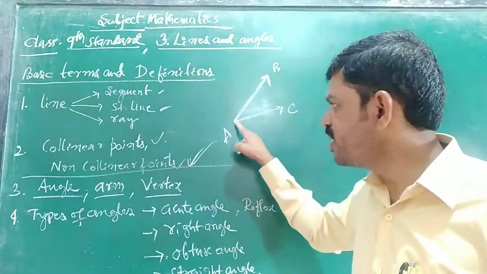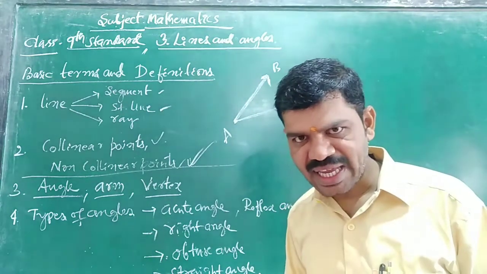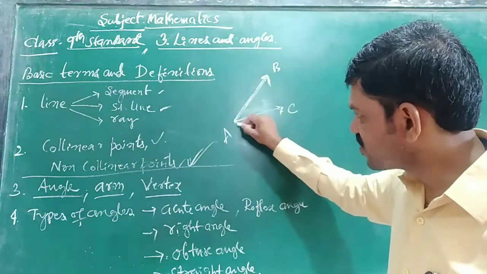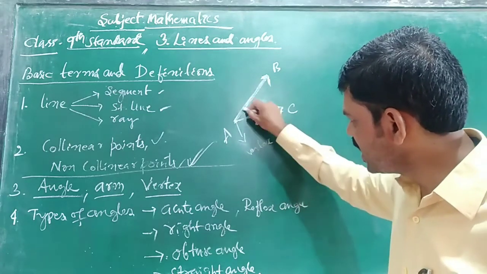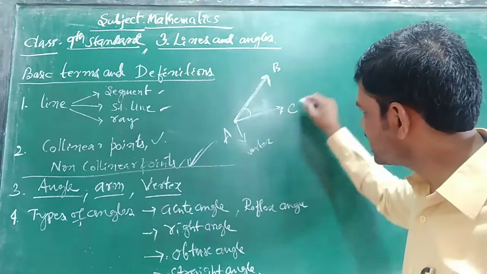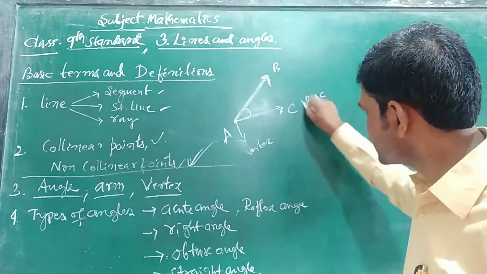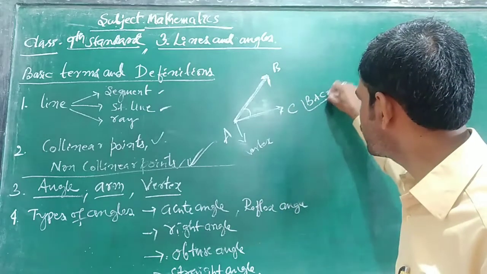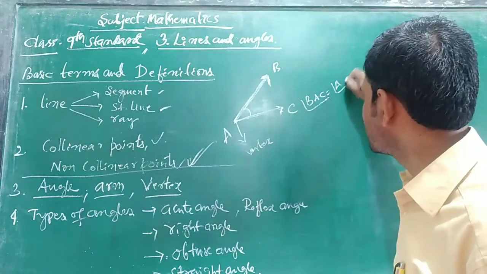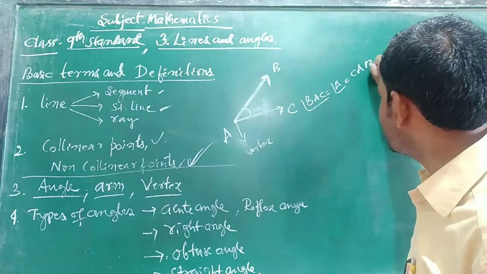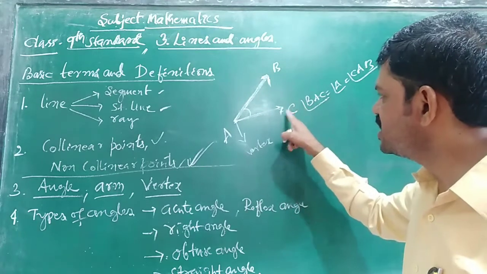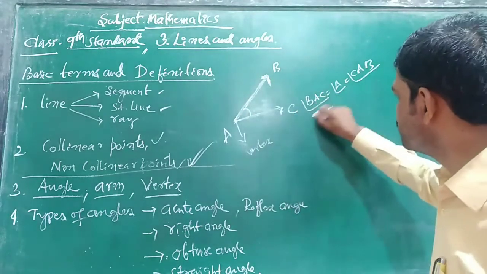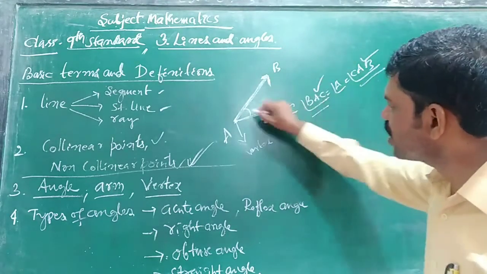So the joining point A is the vertex, and BAC is an angle. Or we can also write angle A, or we can also write CAB, BAC, or only A.